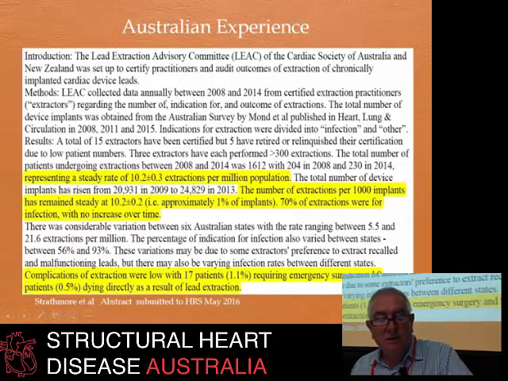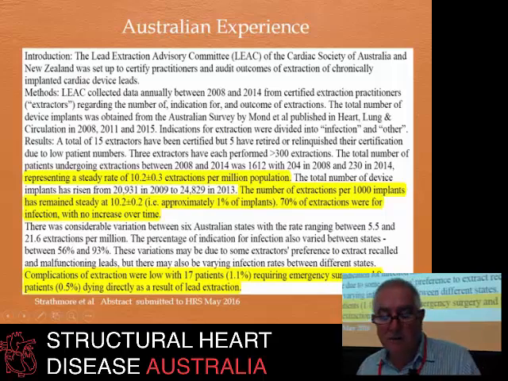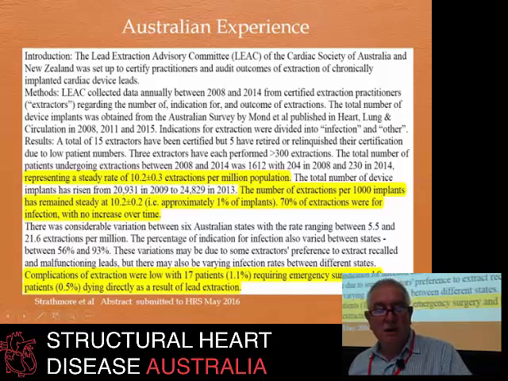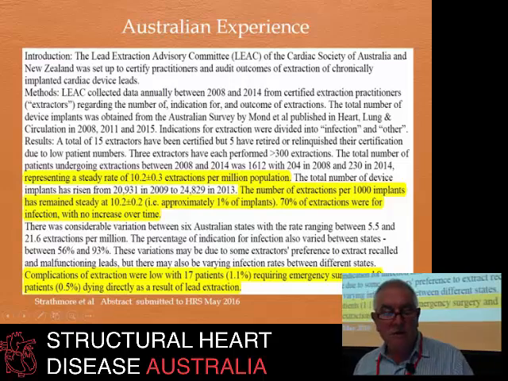Even more interestingly, the complication rate for extraction was very, very low compared to the world literature. 1.1% of patients required urgent surgery, be that to drain a pericardial effusion, fix a hole in the heart, or repair a major venous injury, and the mortality overall for all the extractions done, and this is all data collected by the lead extraction committee for the Cardiac Society, was 0.5%.